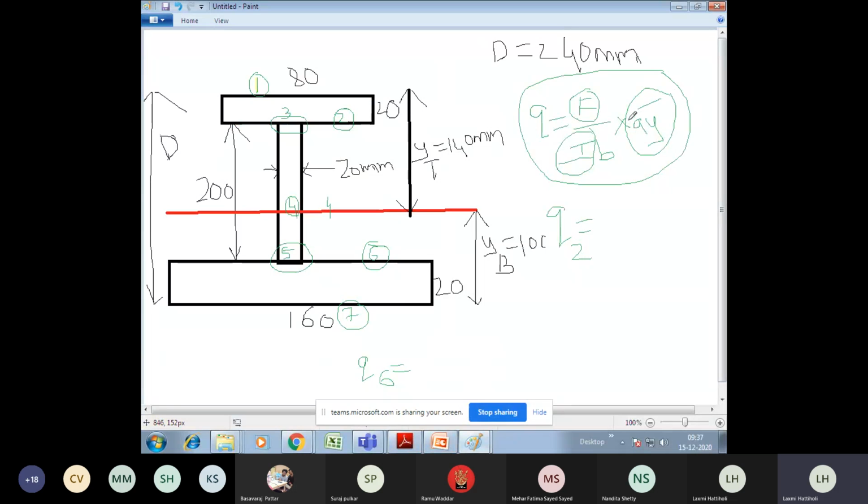Wherever you are calculating shear stress, top area should be considered. Yes or no? This is what we have discussed in the previous session. At whichever point you are calculating the shear stress, top area should be considered. Now please observe, if I am calculating the shear stress at the second point, please see my shaded area. Is this my shaded area?